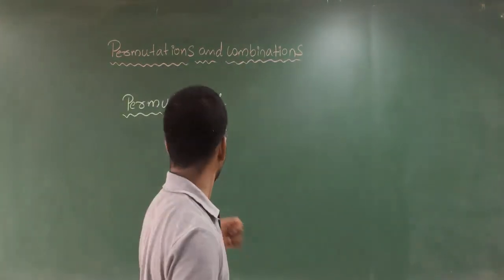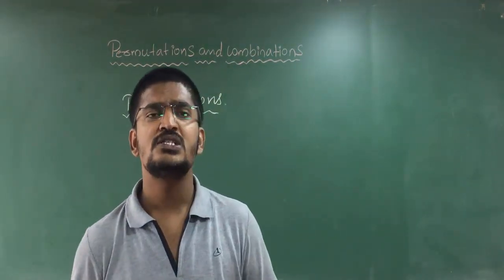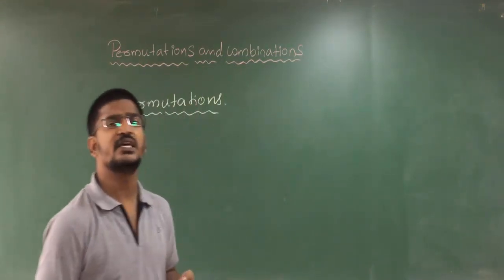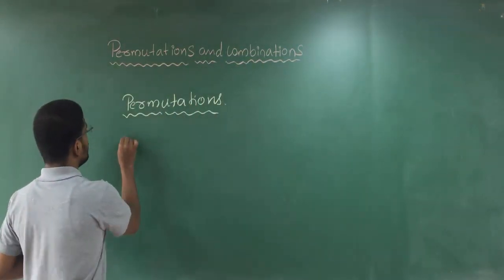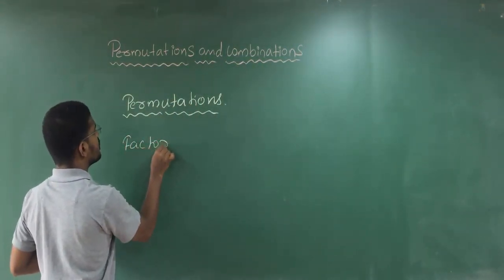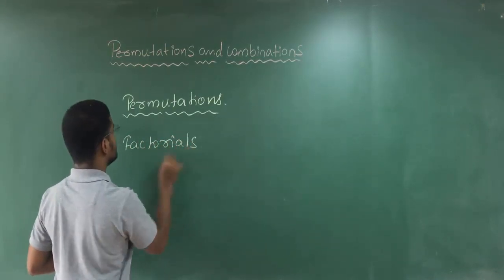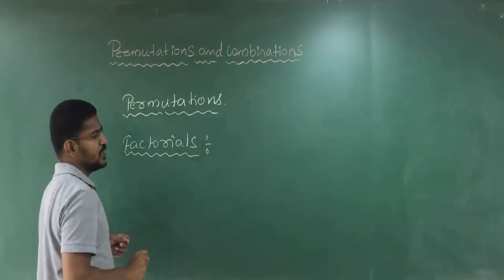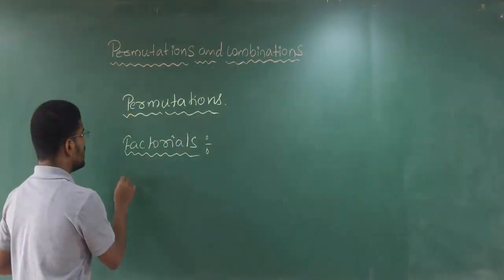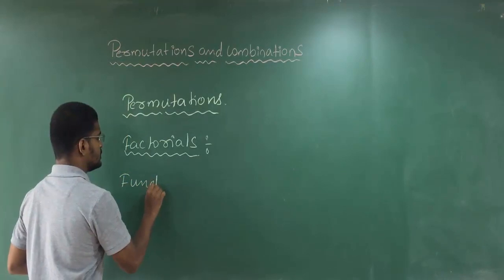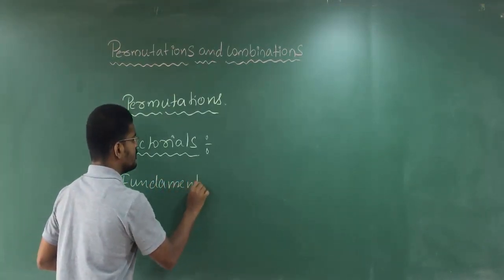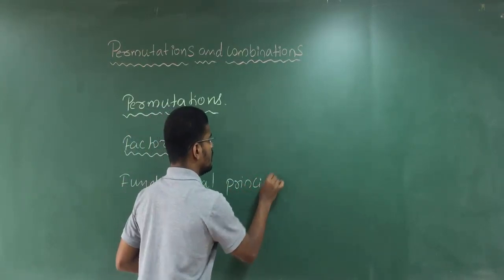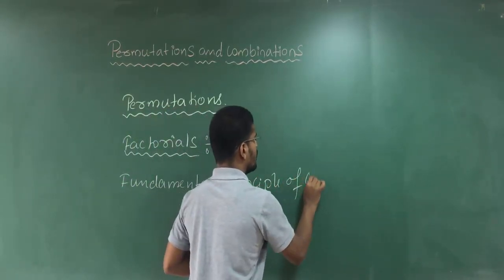Before going to permutation, you must know some basic concepts and notations. What are those basic concepts? One is factorials. That means you must know what factorials are. Next, you must know the fundamental principle of counting.